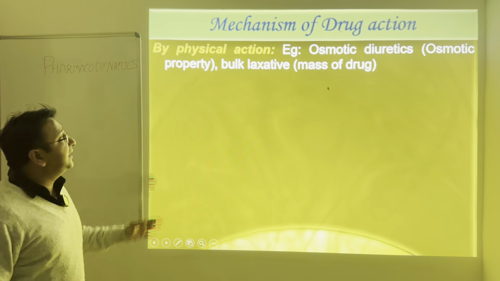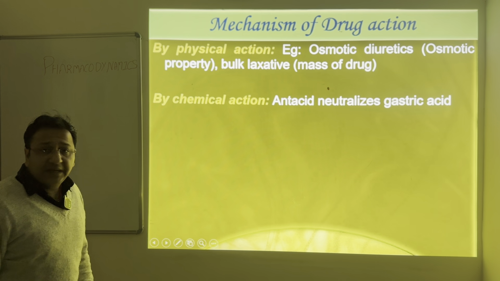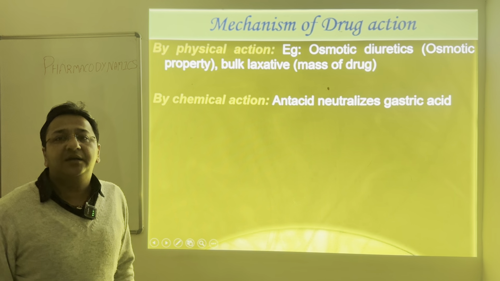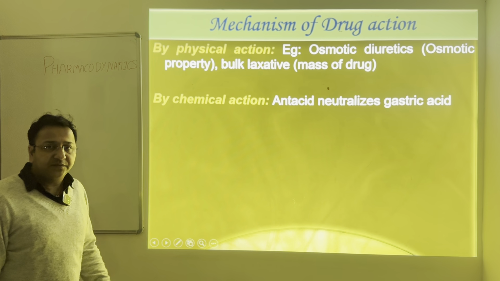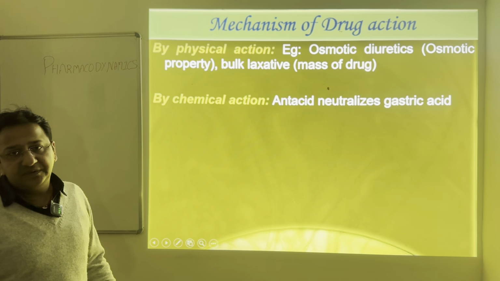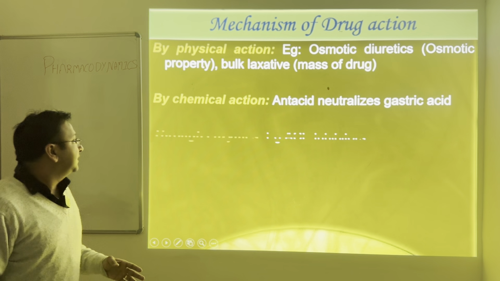So by physical action, these are two: diuretics and bulk laxatives. By chemical action, we use antacids for gastric acidity and for peptic ulcer. The antacid neutralizes the gastric acid.